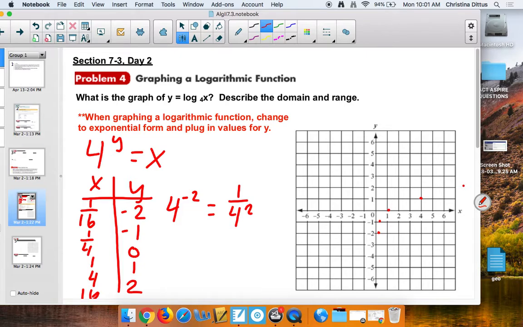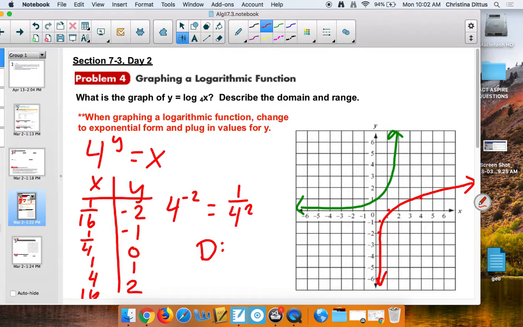So then our graph, instead of going, like our exponent ones looked kind of like this. Our log graphs look something like that. Okay. Our domain. Domain is my x's.